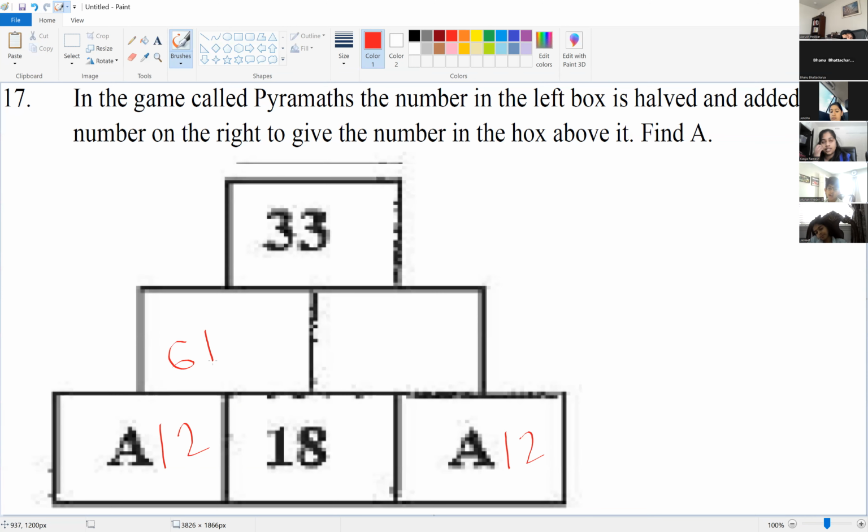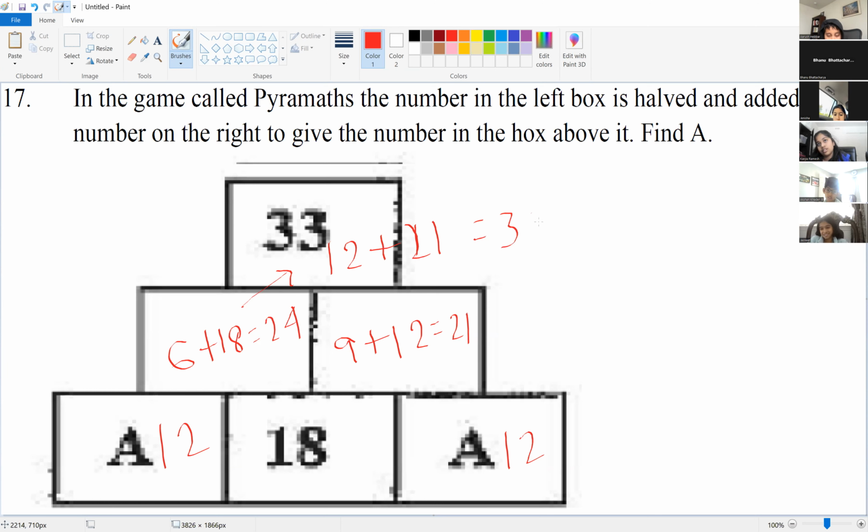So this is 6 plus 18, 24. This is 9 plus 12, which is 21. So this is 12 plus 21, which is 33, which is equal to 33. Okay, does that work?